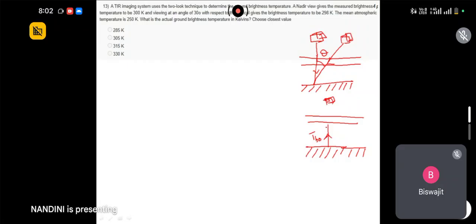It has one brightness temperature from the normal view, which is TB1, when theta is 0, and another brightness temperature, TB2, when it is at a viewing angle of 30 degrees.